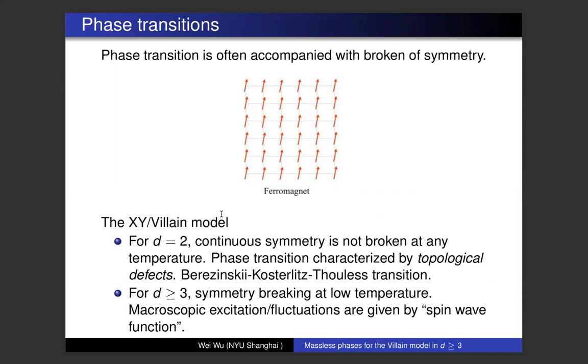But these models are very special. In particular, in 2 dimensions, the continuous symmetry, which is given by the direction of the spins, is not going to be broken at any temperature, and it has this famous Kosterlitz-Thouless transition.